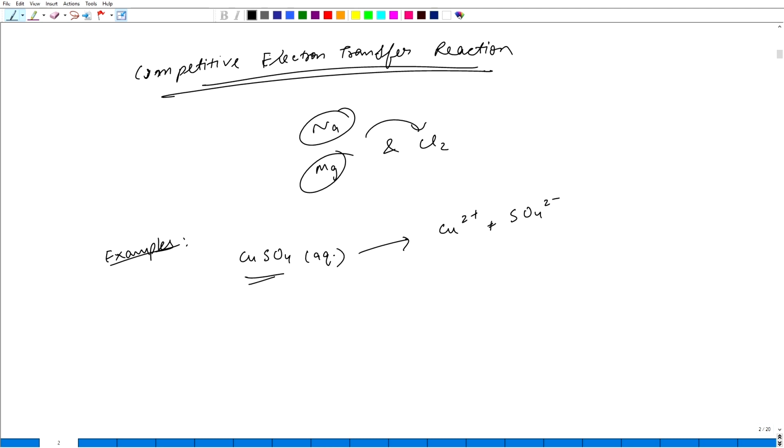When we react this solution of copper sulphate with a zinc strip, this aqueous solution will react with the metallic zinc.